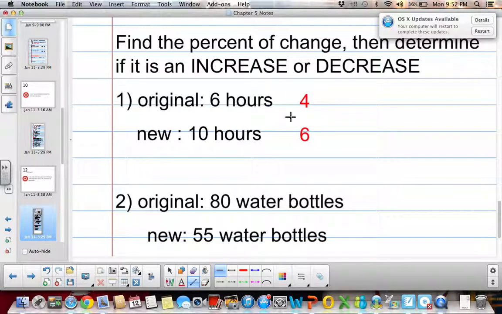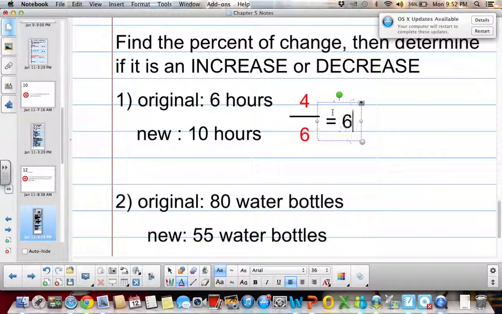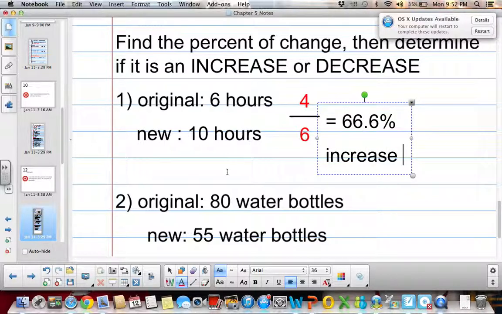So if you want to put that in your calculator, you will figure out that 4 divided by 6 is 0.66667, which is what we had on a previous one. So then we would have 66.6%. We're going from 6 to 10, so it is an increase.